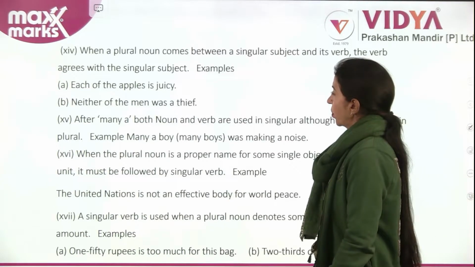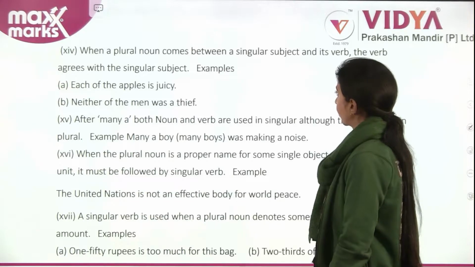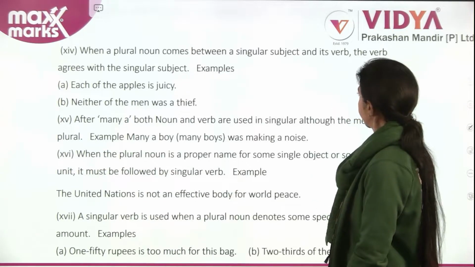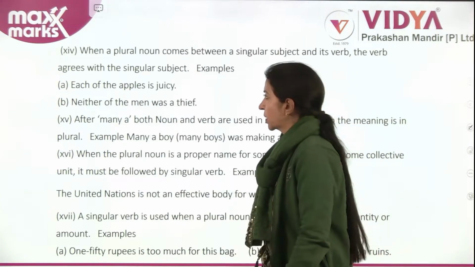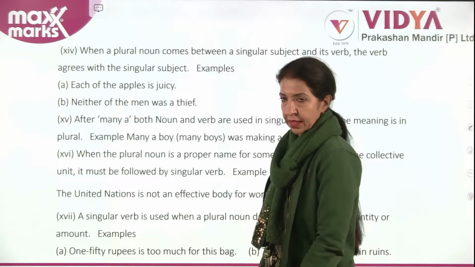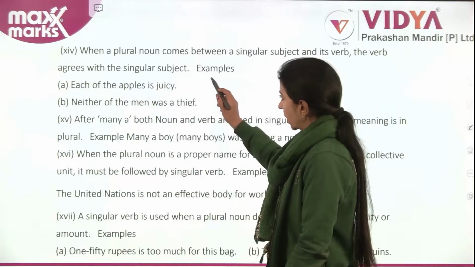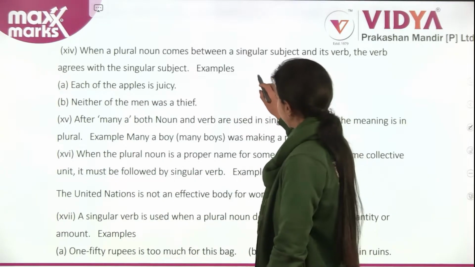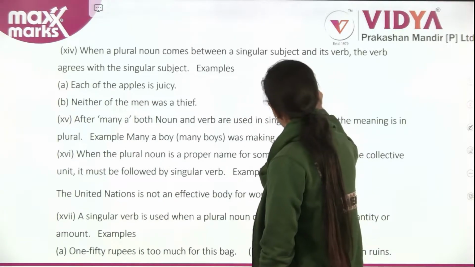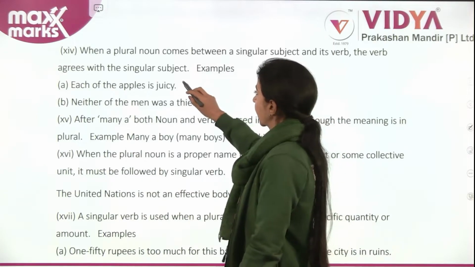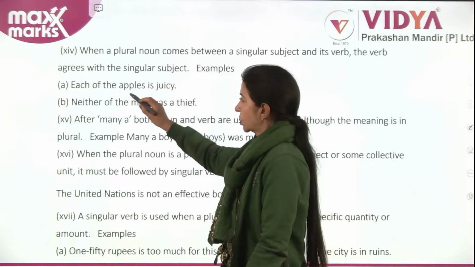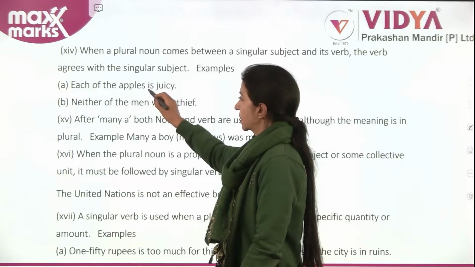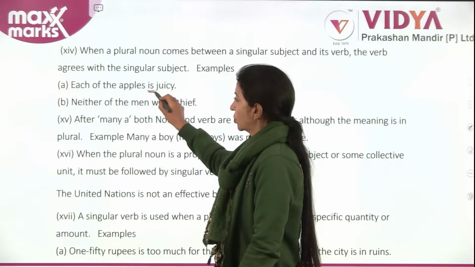Now, when a plural noun comes between a singular subject and its verb, the verb agrees with the singular subject. Examples: each of the apples is juicy.